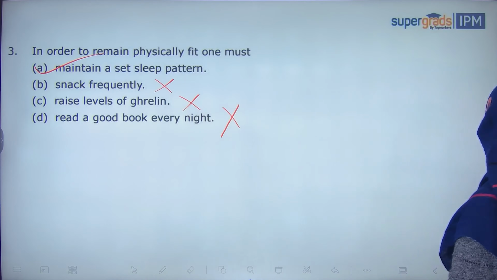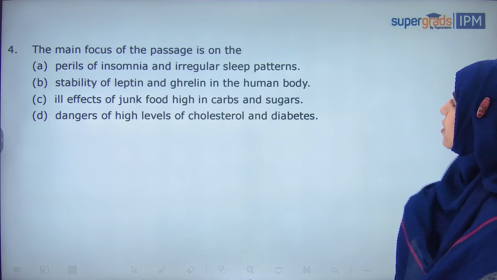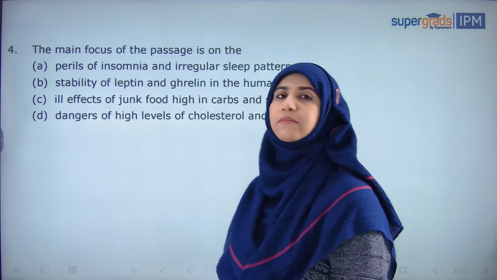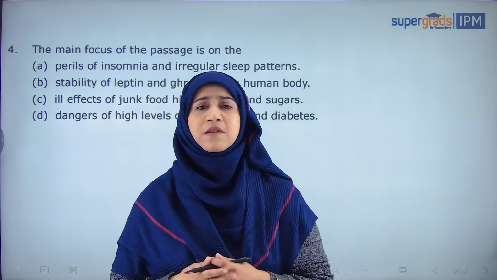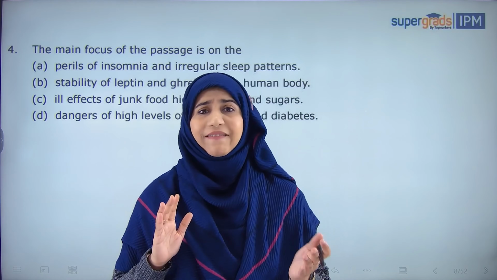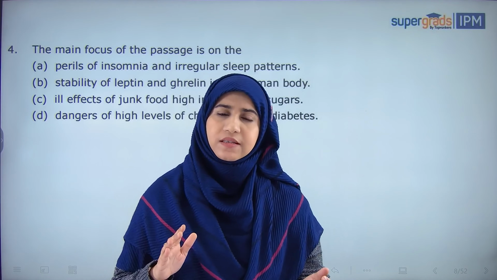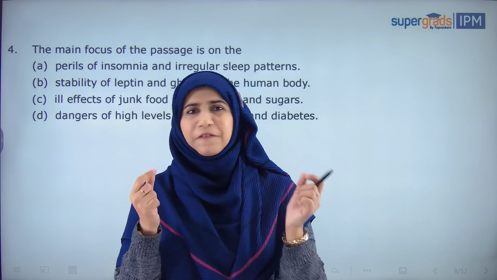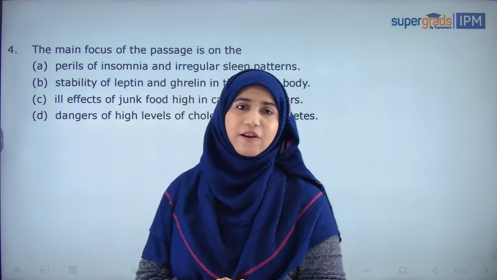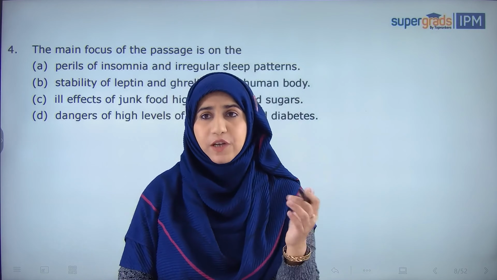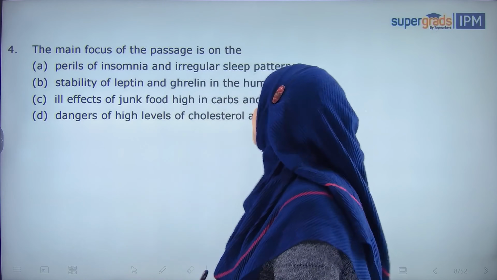The main focus of the passage is on... again, a main idea question, very easy question. अभी तक जो questions आ रहे थे वो mostly direct questions या factual questions थे. Some of them could be a bit of inferencing, which is again very easy. This is the main idea question. You have to identify the primary purpose or the focus of the passage.